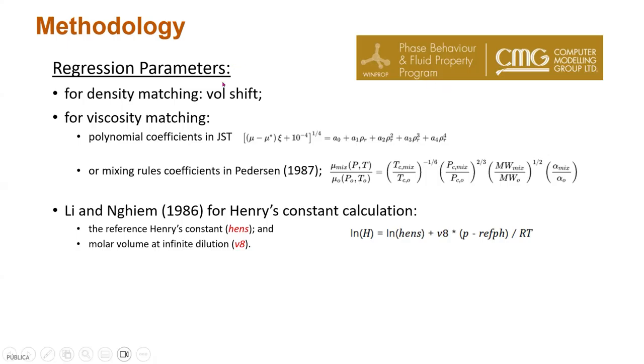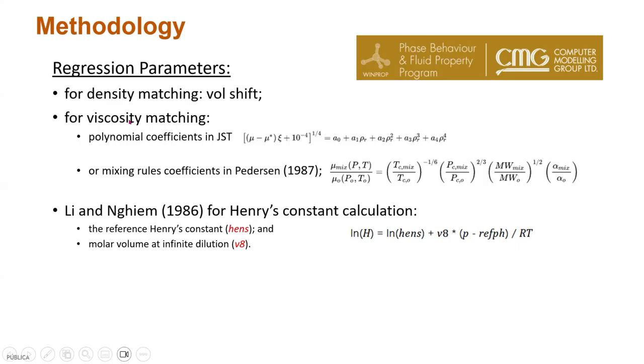To do this, we tune the volume shift. The volume shift, remember, is the third parameter in the equation of state. It's the parameter that was created to fix the density correction. It was created for liquid, but you can use the same strategy for gas mixtures.